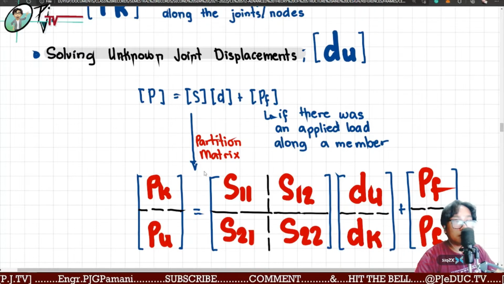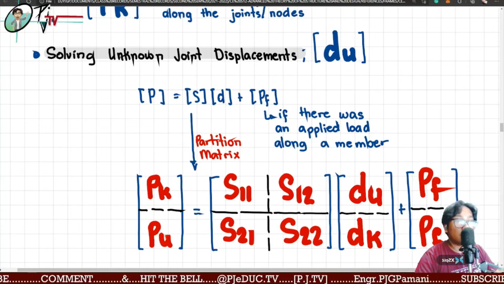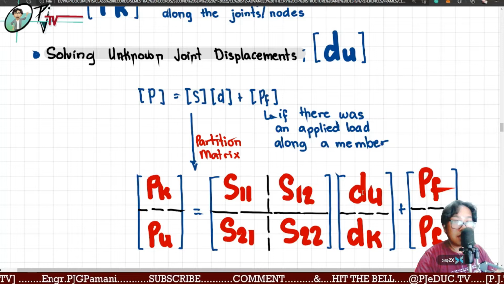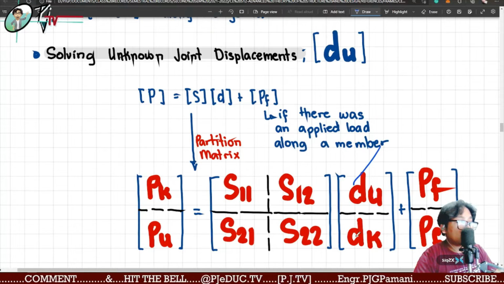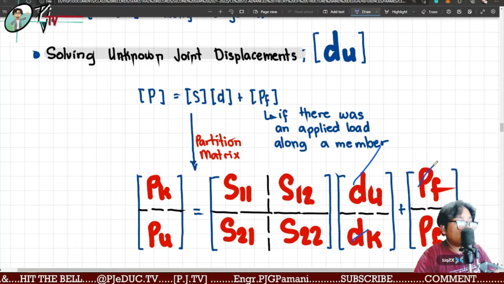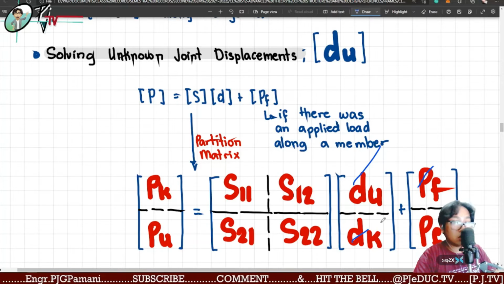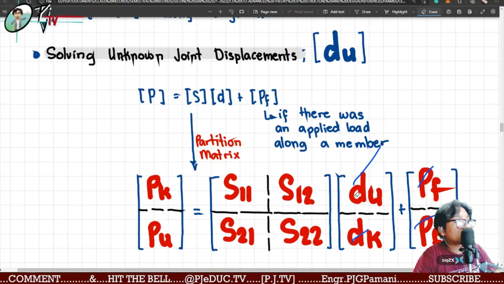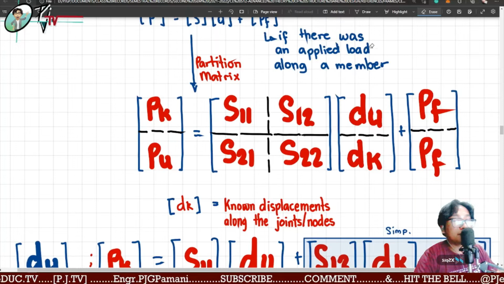So for our partition matrix, the above row are your known forces. The below is your unknown forces. Then S11, S12, S21, S22, unknown displacement, known displacement, PF, corresponding to the number of rows which has the unknown displacement and known displacement, then PF below.